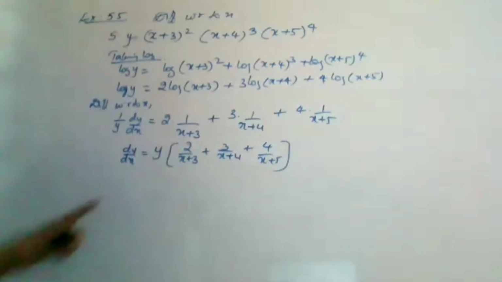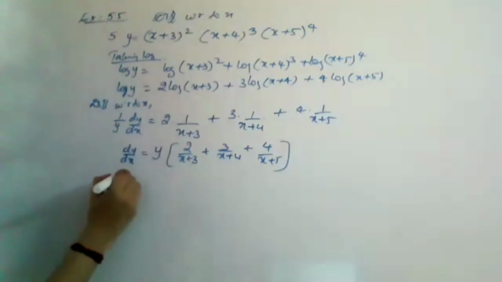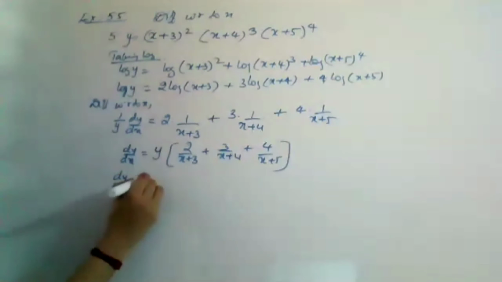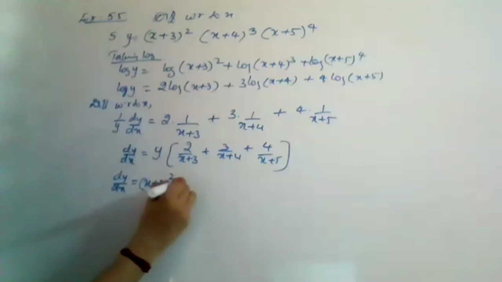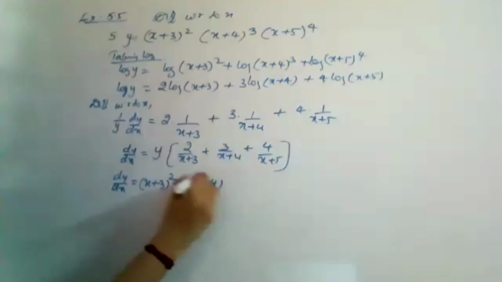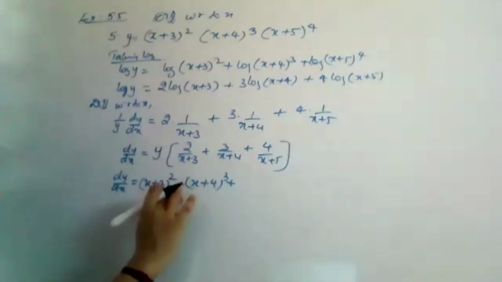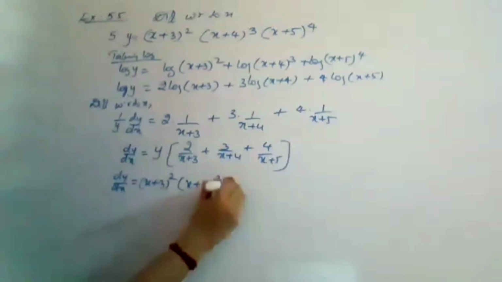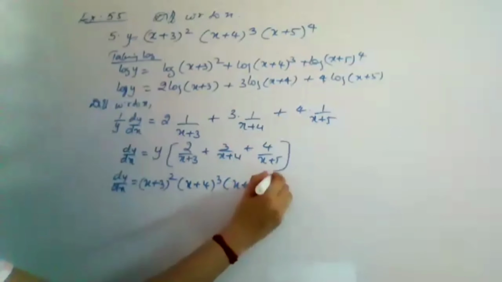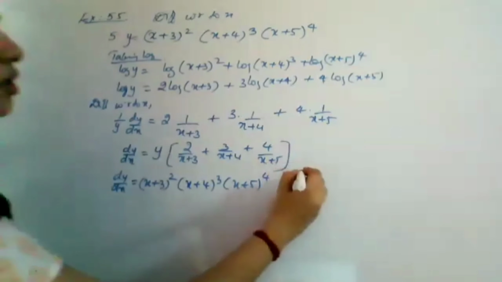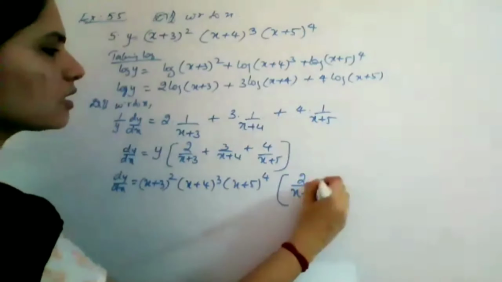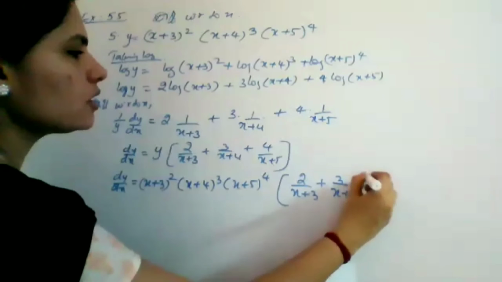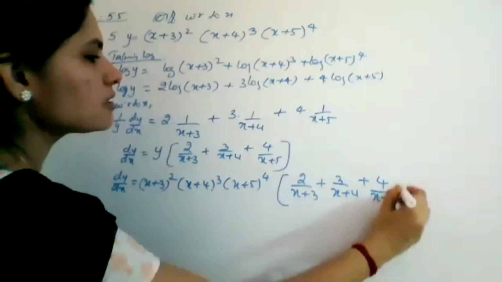Replace the y value. Here dy by dx is x plus 3 the whole square into x plus 4 the whole cube into x plus 5 the whole raised to 4, whole into 2 by x plus 3 plus 3 by x plus 4 plus 4 by x plus 5.